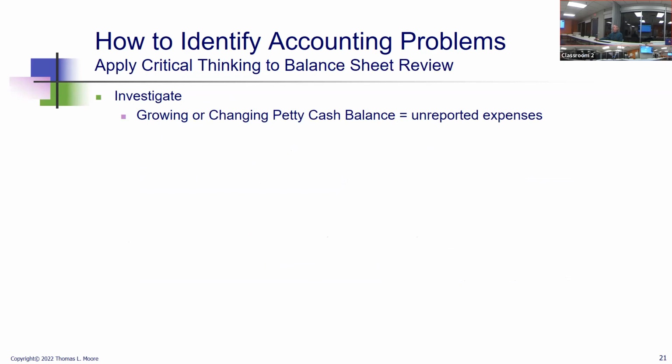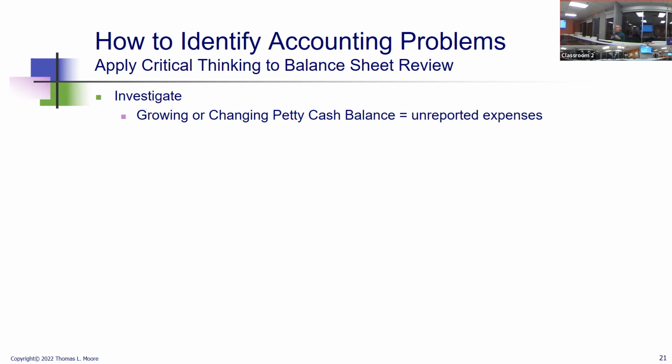Okay, so next we're going to look at applying some critical thinking to a balance sheet review. So remember the balance sheet, the way it was organized. You had your assets on the left side, typically, you had your liabilities on the right side and your owner equity. So we're looking at the balance sheet from that perspective.